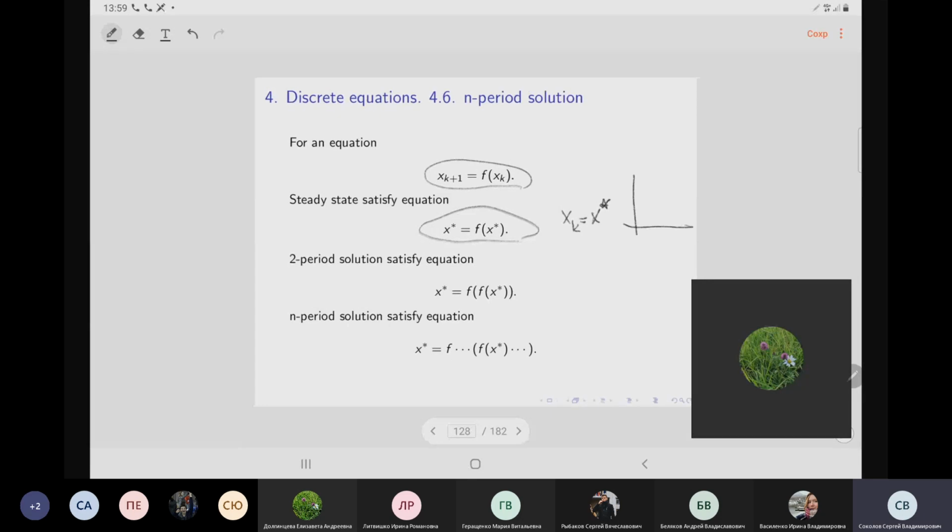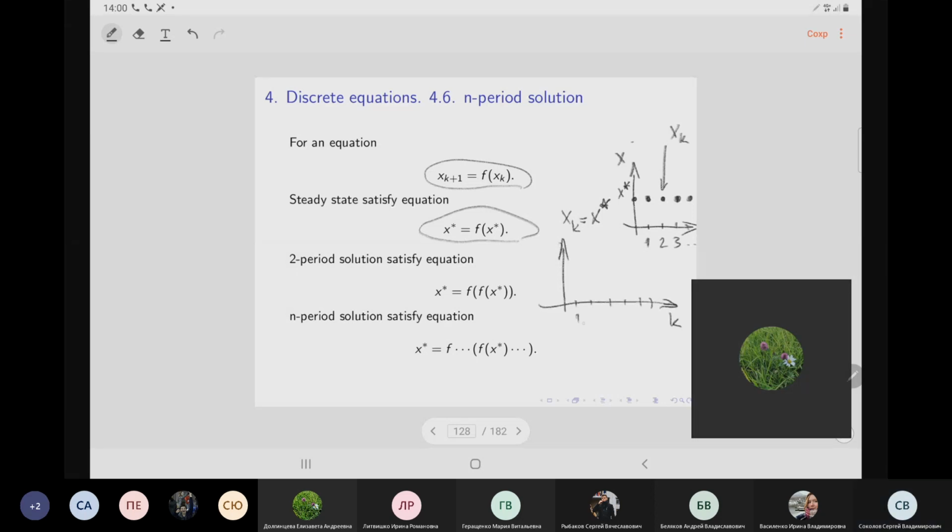If we try to draw it, the solution is going this way. So here is x, xs, 1, 2, 3, and so on. It is an equilibrium.